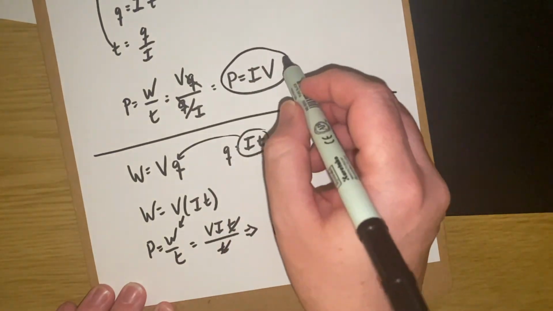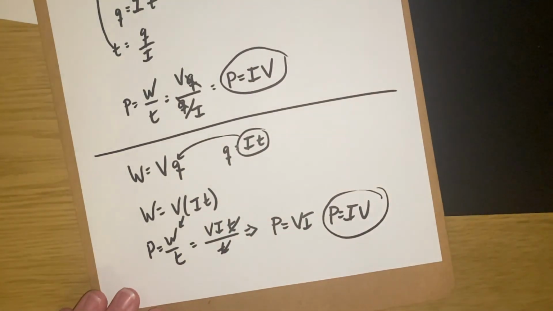So either way, we get to the idea that power is equal to our current times our voltage.